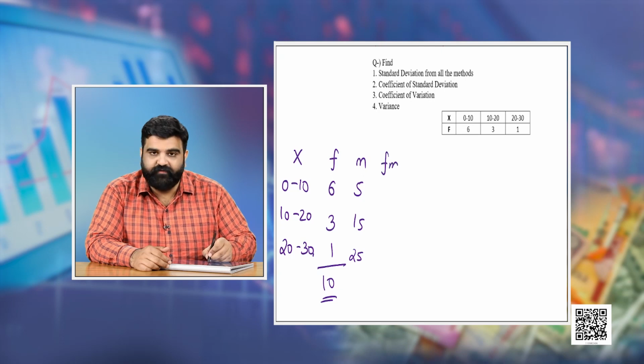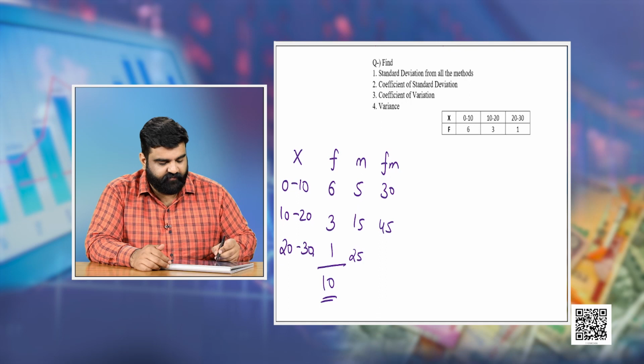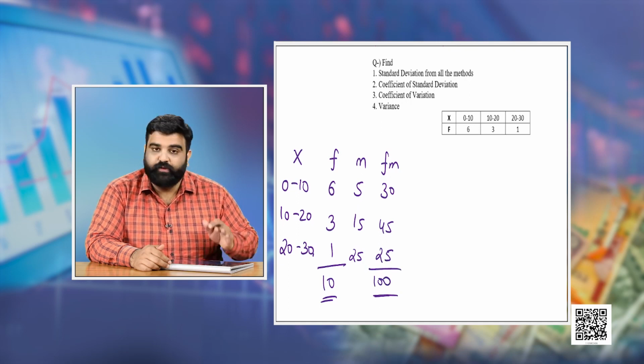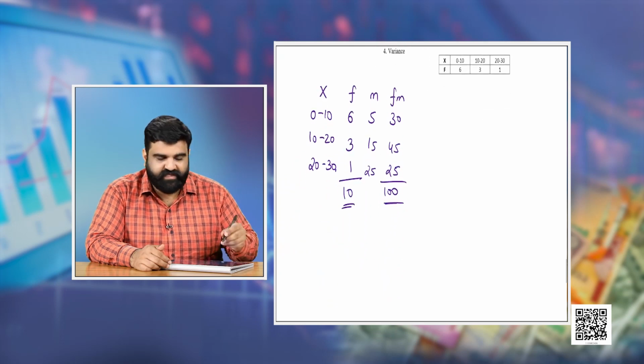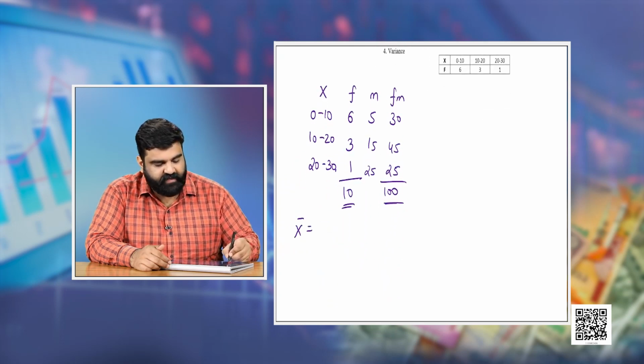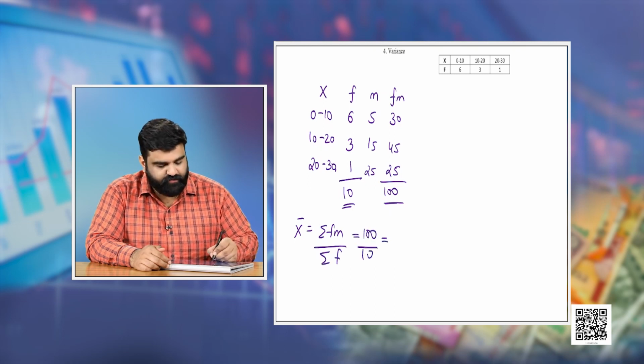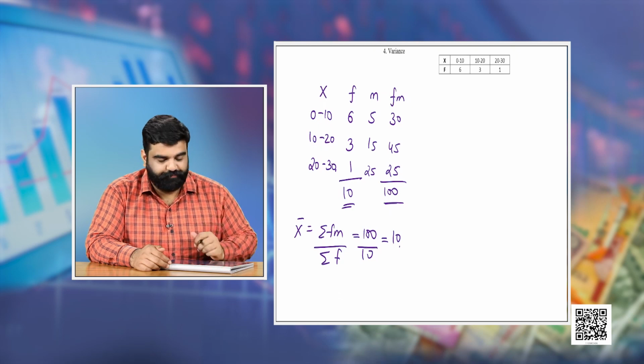So, let us calculate Fm, which will be 30, 45 and 25. This gives me the total as 100. So, the mean to this question will be x bar equal to sigma Fm divided by sigma F. So, this will be 100 by 10. So, my mean would be 10.